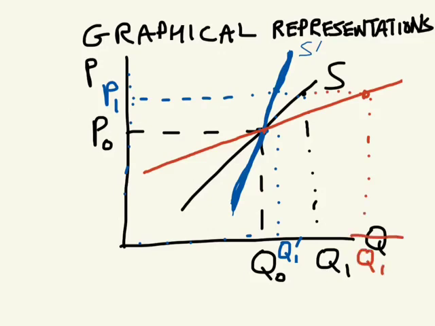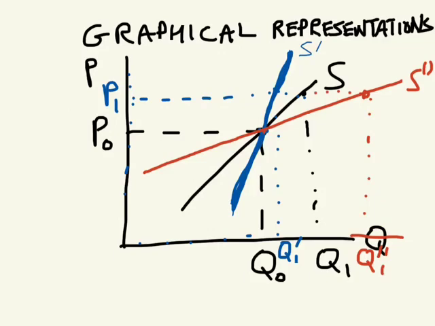So Q1 double prime. Here, if we're at S double prime, that same price increase leads to a much more dramatic quantity increase on the part of suppliers. And we'll talk about why that might be in the next screencast.